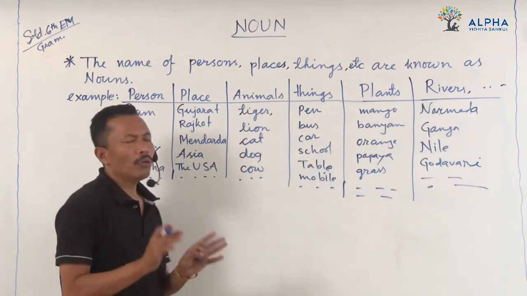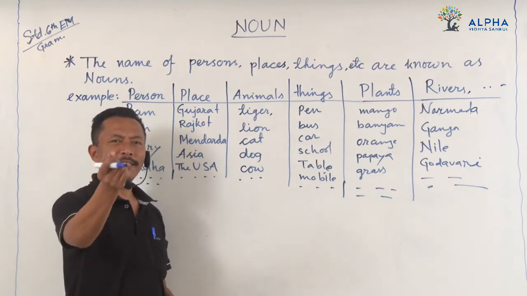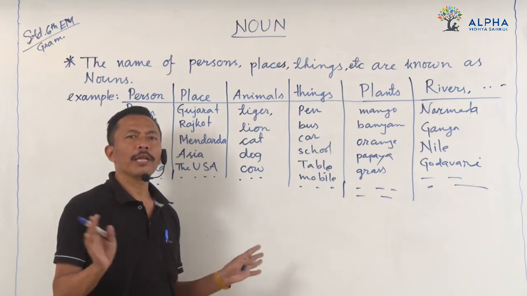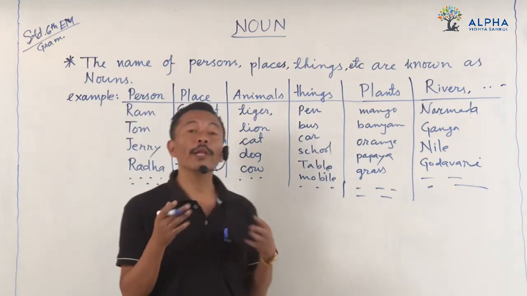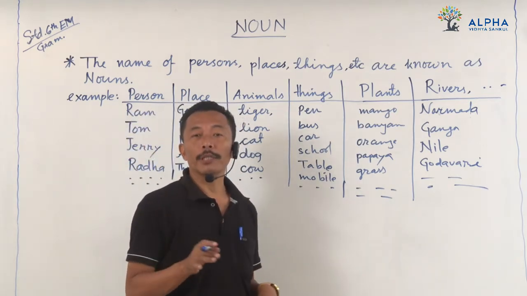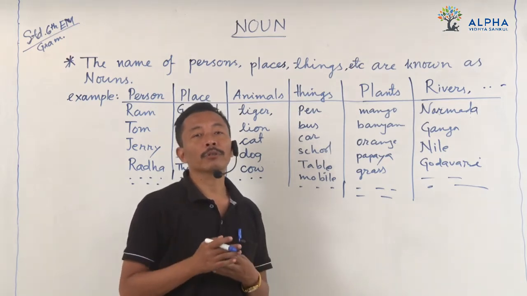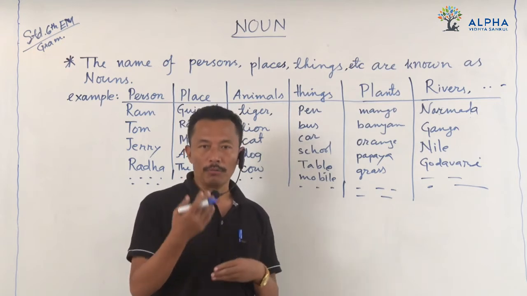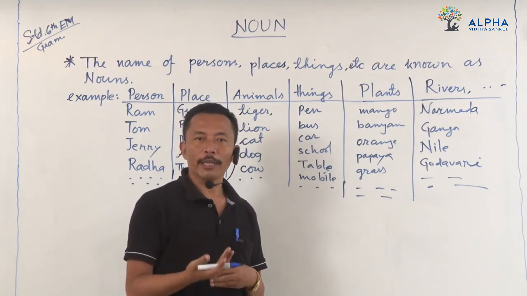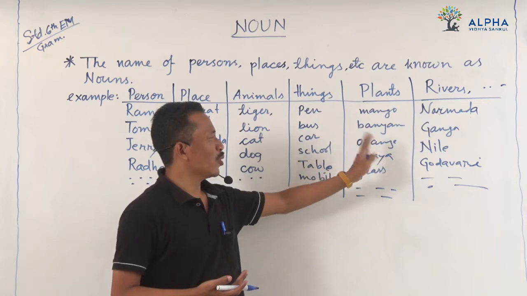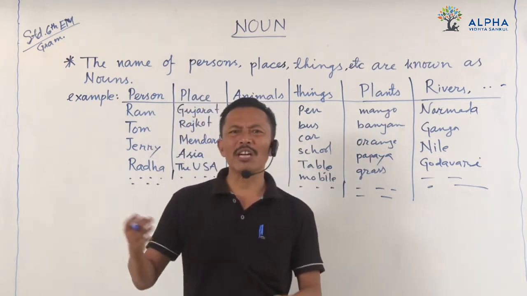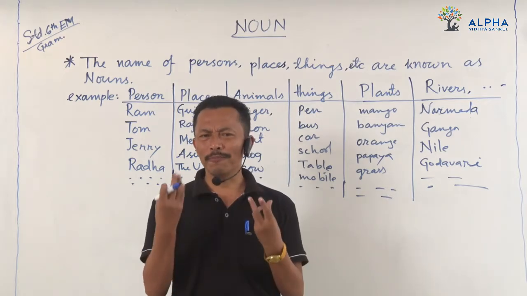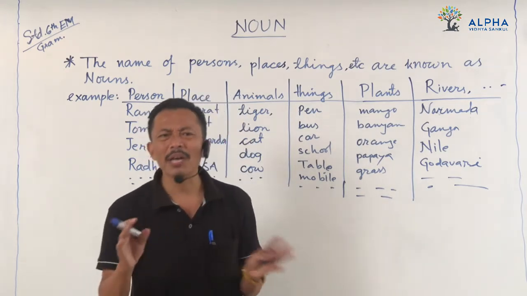Students, I am giving you only this much example. How many rivers in the world? Even in India, there are more than 1,000 rivers. In the world, even we don't know. If we need to count, it will take time. Then plants also, if you go to the forest, there are so many small plants, trees, fruit plants, vegetable plants.